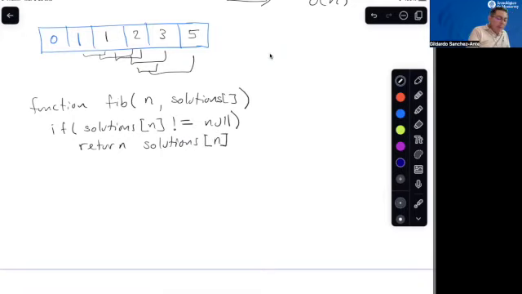That means that my array already had a value stored in such position, and if that is the case, I don't need to compute anything. I just need to return the value. But if the cell, that particular cell n, is still empty, it means that I haven't computed that value before. So I will need to do it. I will need to compute it.